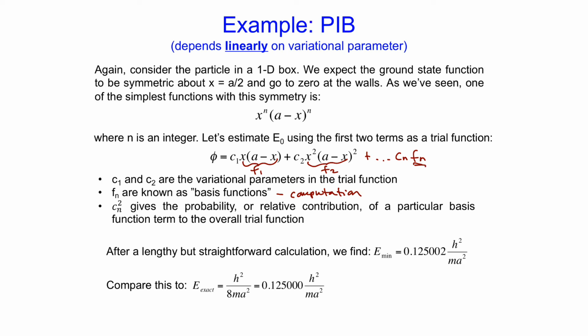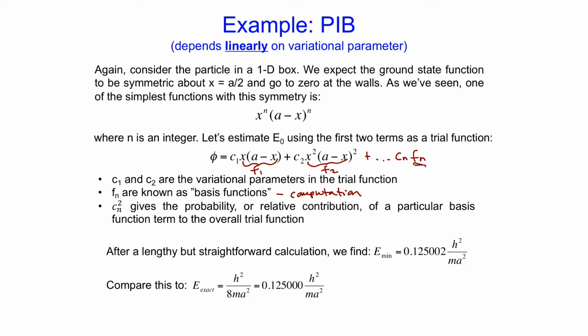And one other little factoid for this approach is that if you square the coefficients, these variational parameters in each term, that gives you essentially the relative contribution of each of those individual basis functions to the overall trial function. Okay, so you could do your variational calculation with this new trial function that depends linearly on these variational parameters.